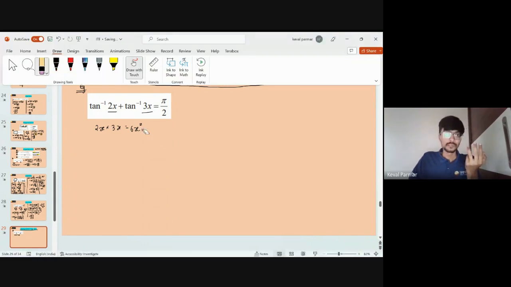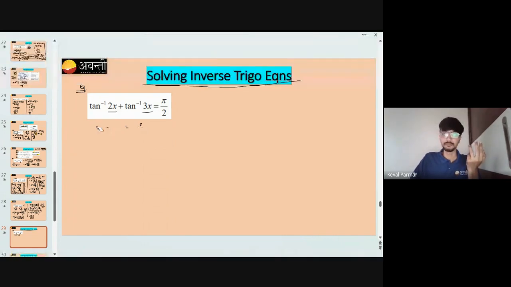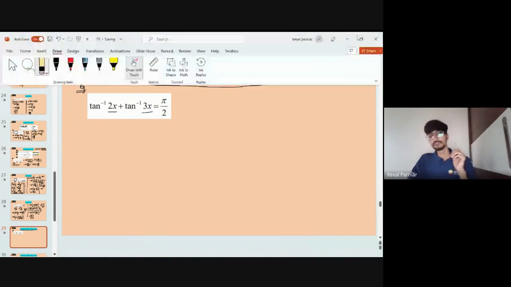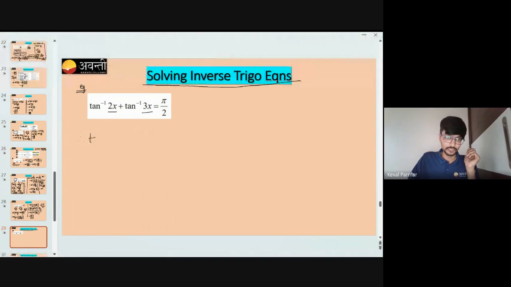If I use the first formula, I can write this equation as tan inverse of x plus y upon 1 minus x into y is equal to pi by 2.